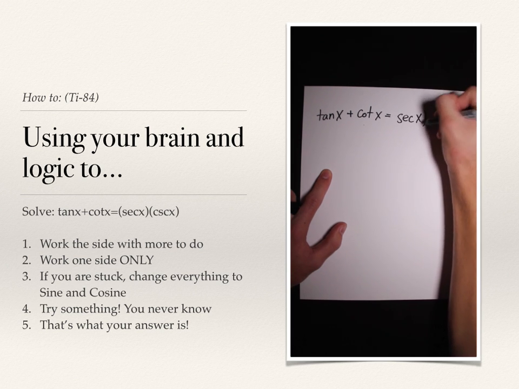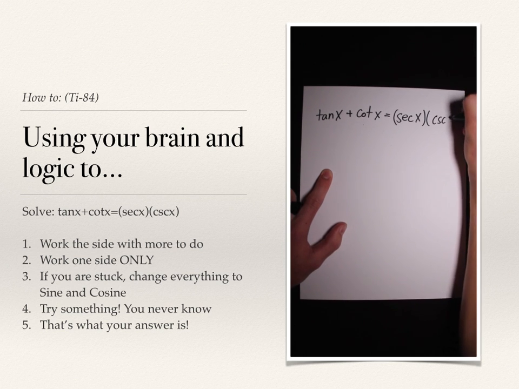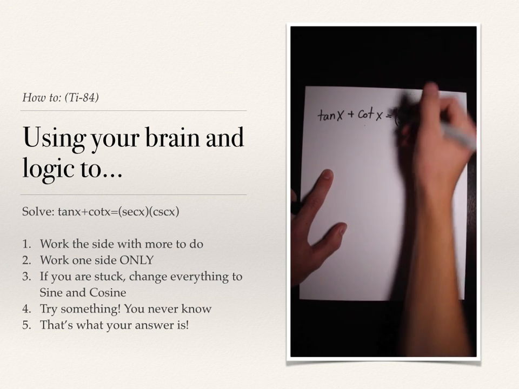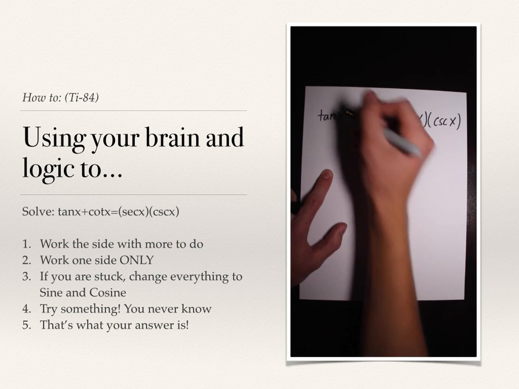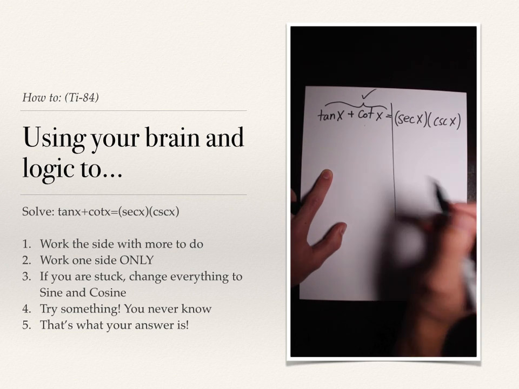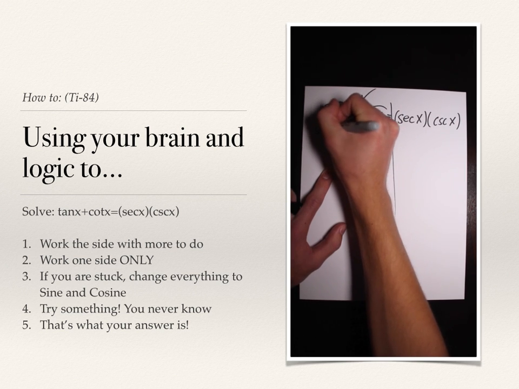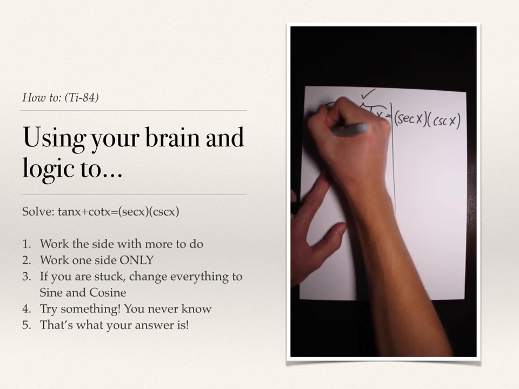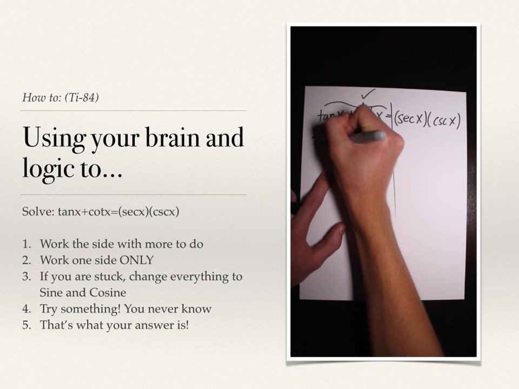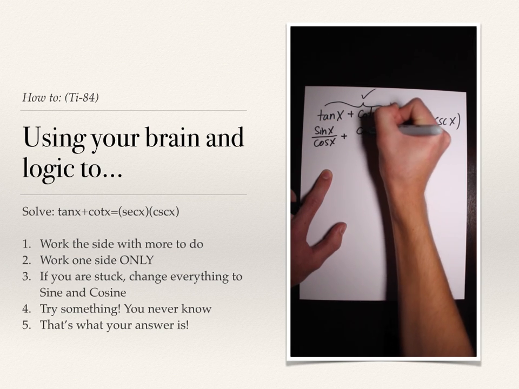And the point of this is to work the side with more to do, really. So we're going to pick the left side right here and make sure to work with that side only. If you're stuck, you can change everything to sine and cosine, but try something, you never know.